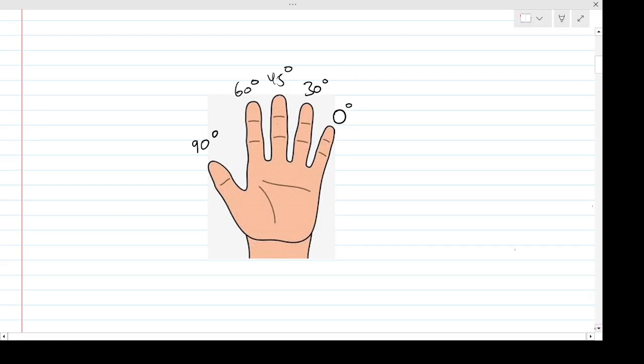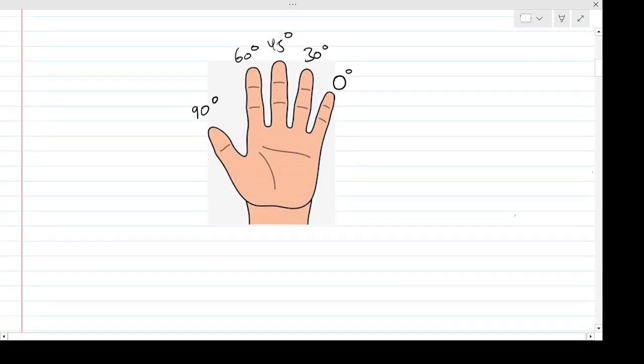Well, firstly, let's deal with the sine. If we want to work out the sine of all these angles, for sine theta, for any angle theta here, 0, 30, 45, 60, 90, we are going to start at 0 and then we're going to count how many fingers until we get the angle we want, okay?